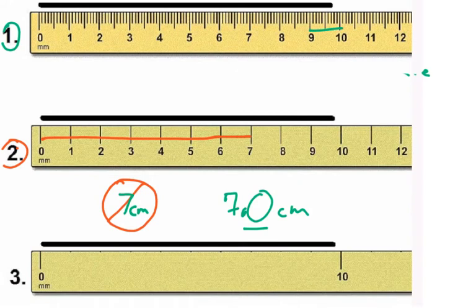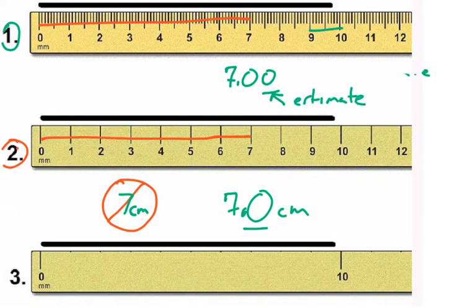Same thing with ruler number 1. We have it going all the way to 7. You might be tempted to estimate this line as just the number 7, 7 centimeters. That's not correct. What you should be writing is 7.00, with this 0 being your estimate.